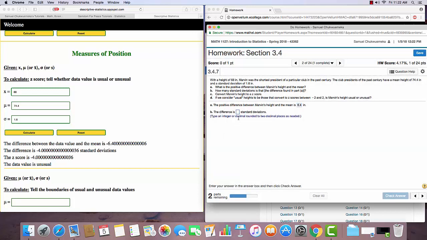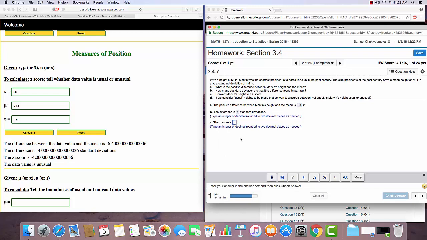Then the difference is how many standard deviations. It is a negative, but since we are looking for the positive difference, we just do 6.4 divided by 1.6, and that is 4 standard deviations. The z-score is a negative 4.00.